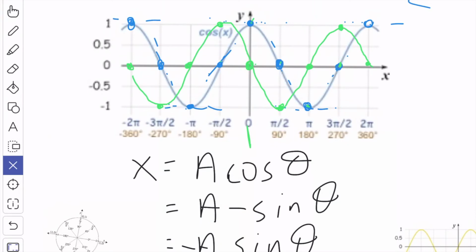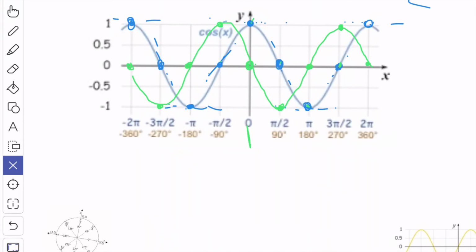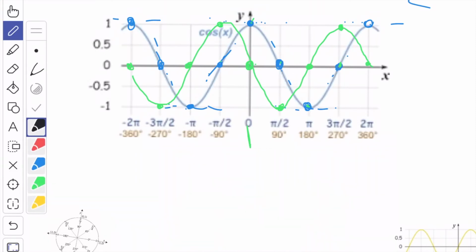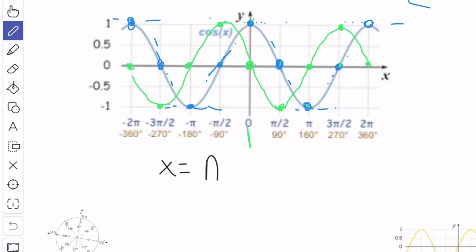We also have something inside after the cosine. So we have x equals a cosine of omega t. So here's your formula for position.